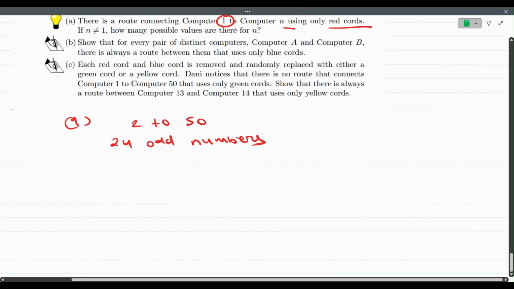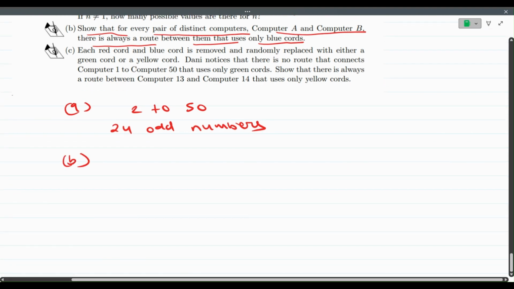Question number B. Show that for every pair of distinct computers, computer A and computer B, there is always a route between them that uses only blue cords. See, we take A and B computers.